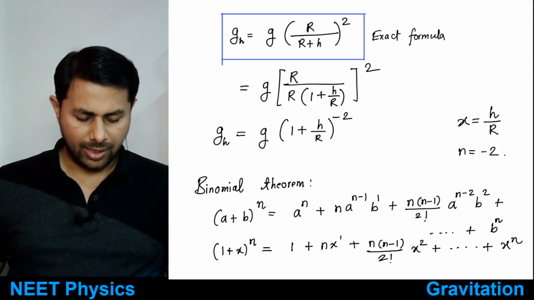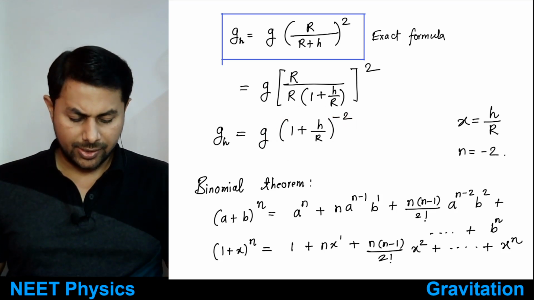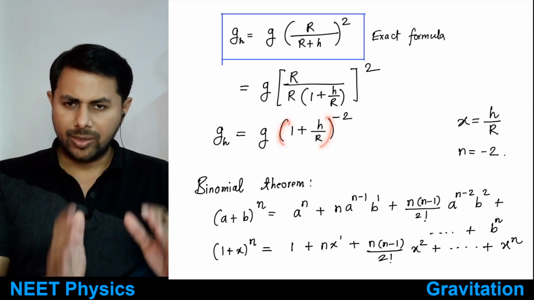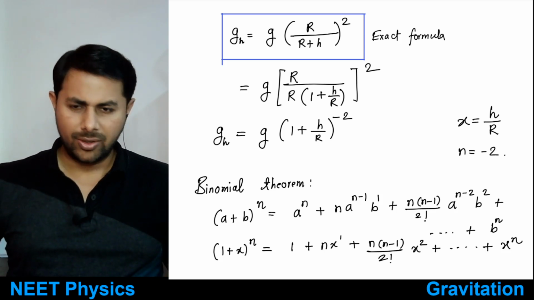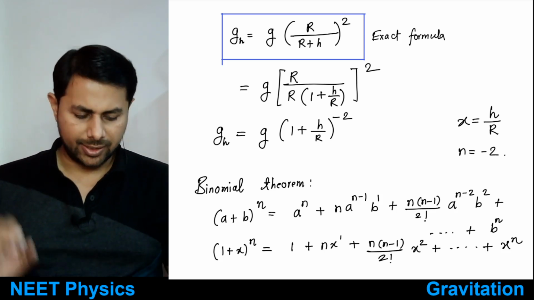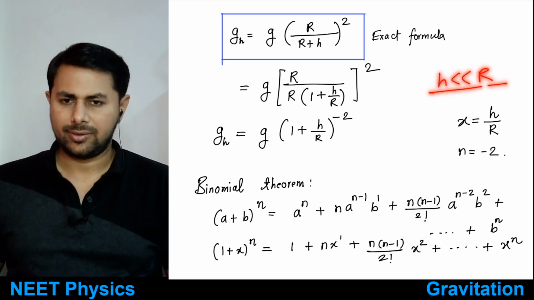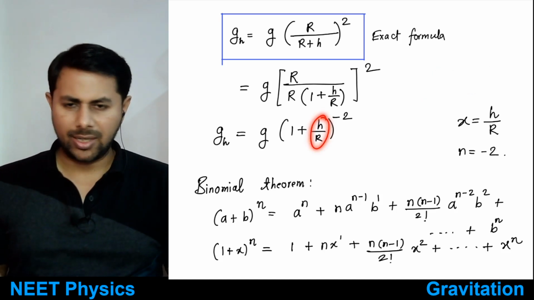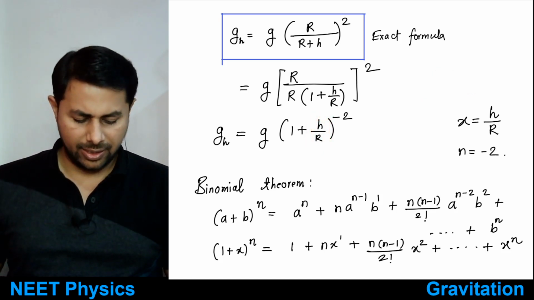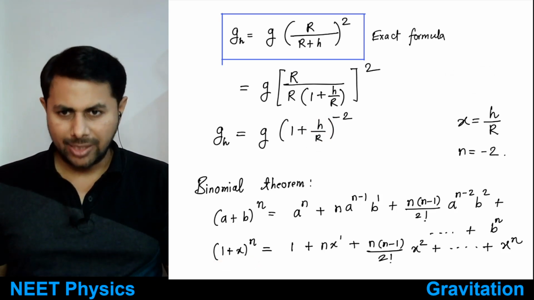After that, we need to find out what this (1 plus h upon r) raised to minus 2 is. So we consider the case where h is very small compared to r, which means h upon r would be very small, and then we make use of something known as binomial expansion.